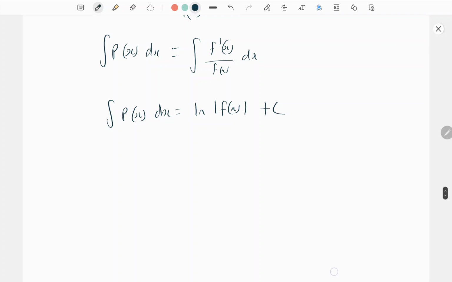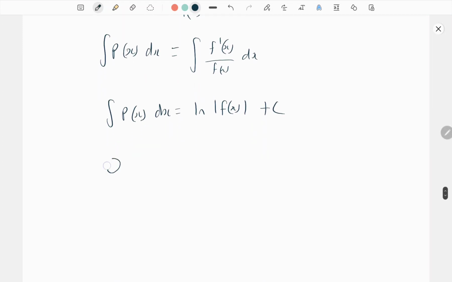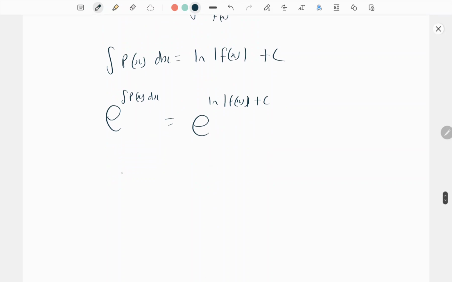To do that, we are going to e both sides. So it becomes e to the integral of p x dx equals e to the ln f of x plus c. That c is in the power as well. The left hand side stays the same, e to the integral of p x dx.